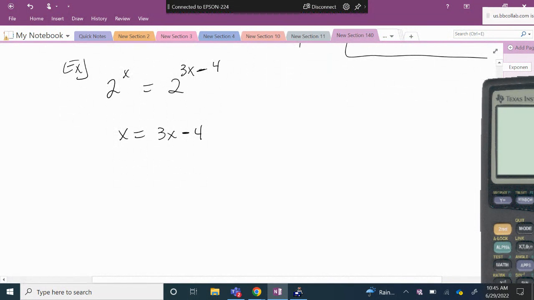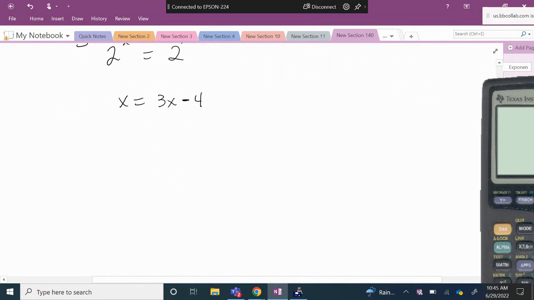In order to solve for x, I am going to subtract x from both sides and add 4 to both sides. To write out some steps, the first thing I'm going to do is add 4 to both sides.